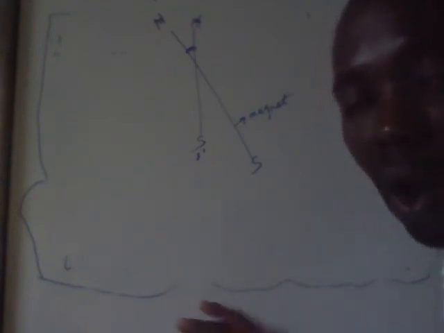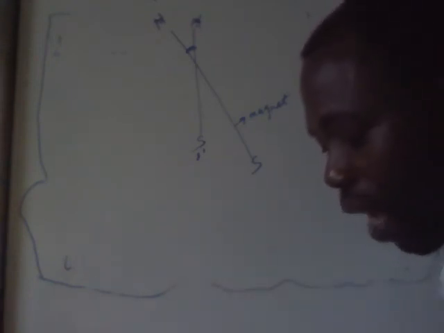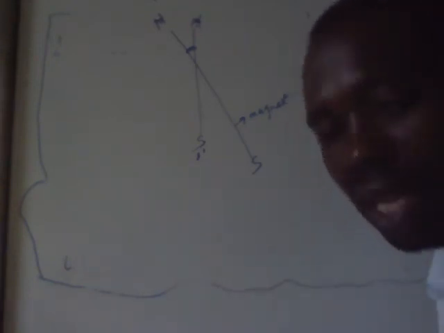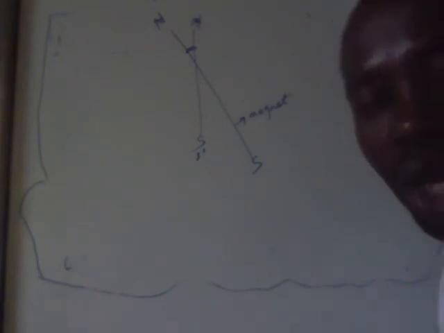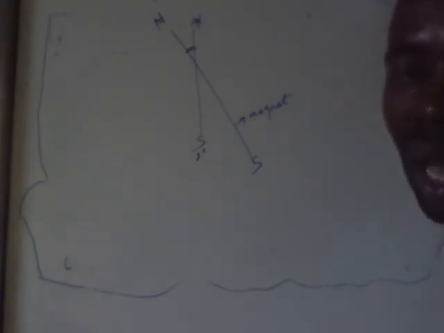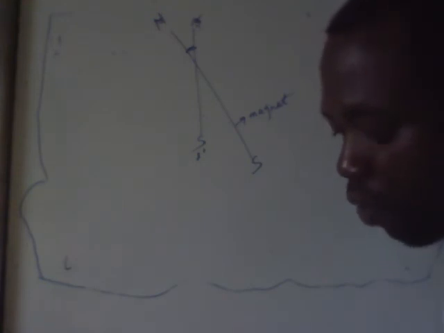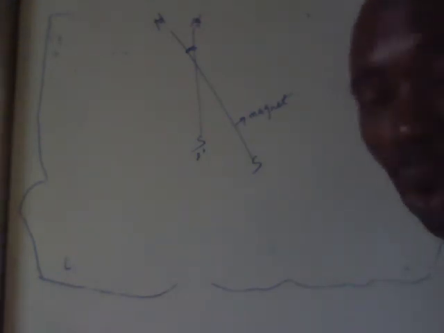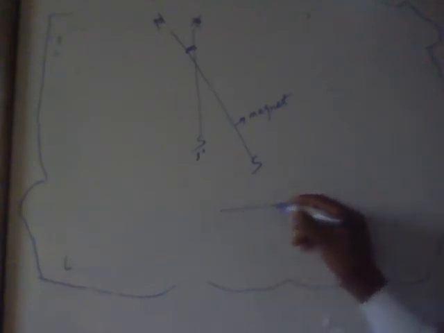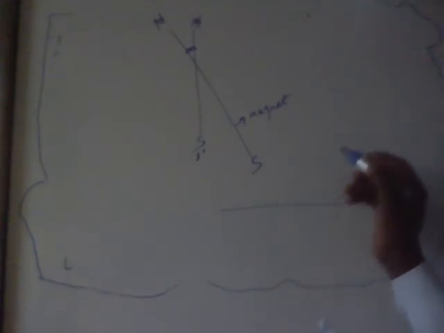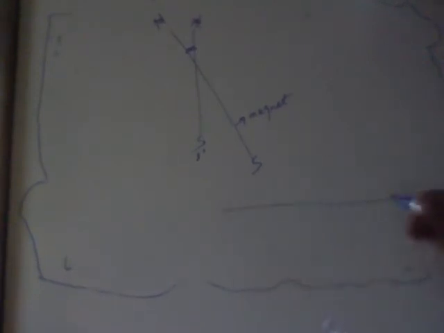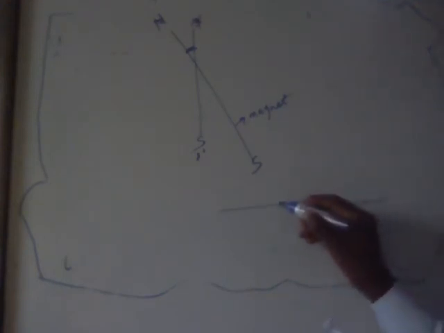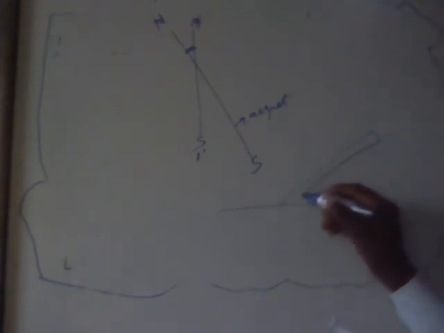So all four are magnetic elements at a place. They are used to determine the position or location of a body. They are called magnetic elements. So I have something like this as the horizontal plane, and something like this as the Earth's magnetic field.